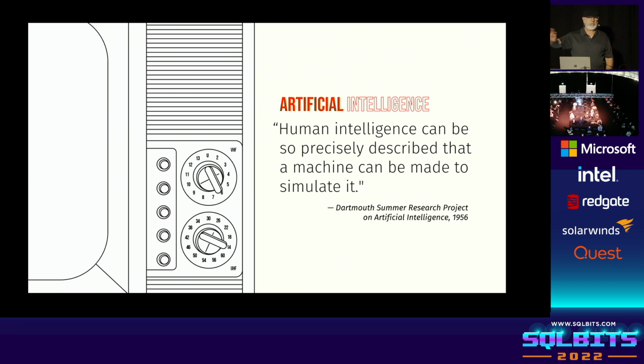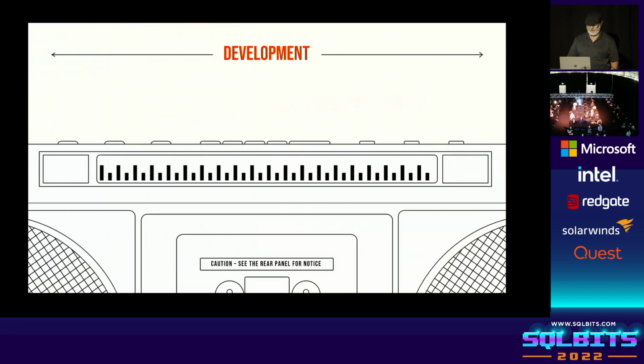Here's what was stated in 1956. You are so predictable that I can probably get a computer to figure out how you think. That's what they believed. They're kind of right. Humans are predictable, a human is not. And there's a whole world behind that. We started out with symbolic logic, fuzzy systems, simulations, something called expert systems, where I'd have you enter everything you know about your job.